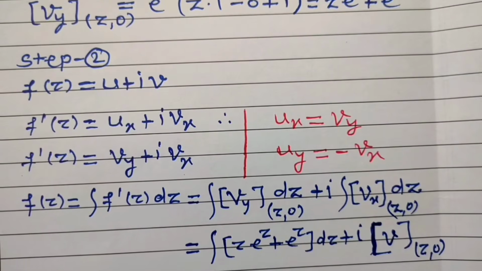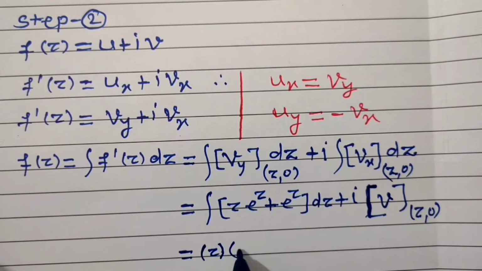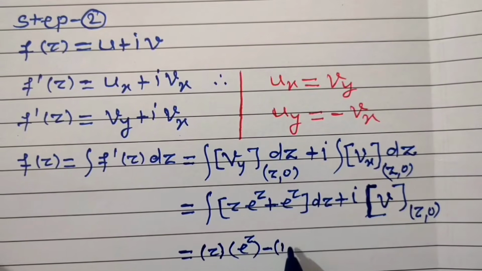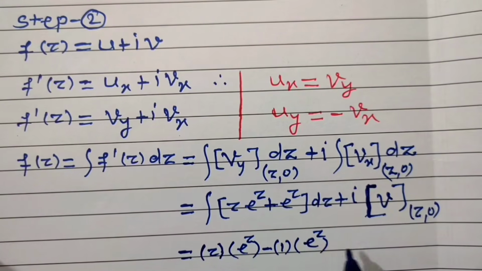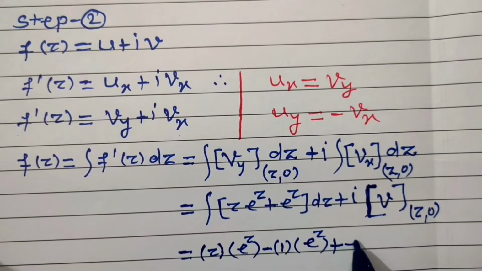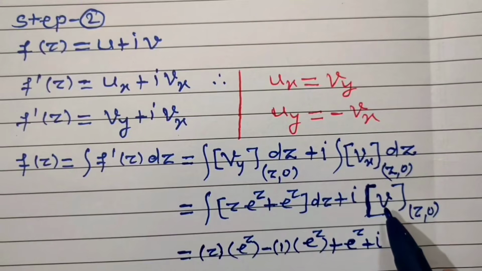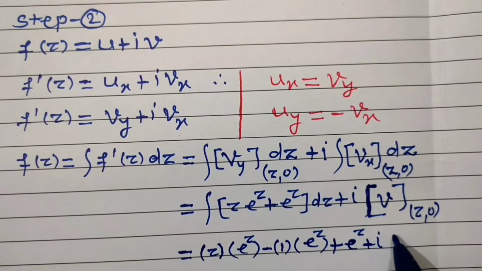So this is equal to the integral of z into e to the power z, applying the by parts method. First function as it is into the integral of the second function minus the derivative of z, which is 1, and the integral of e to the power z with respect to z is e to the power z, plus the integral of e to the power z is e to the power z, plus i into this value is equal to 0.